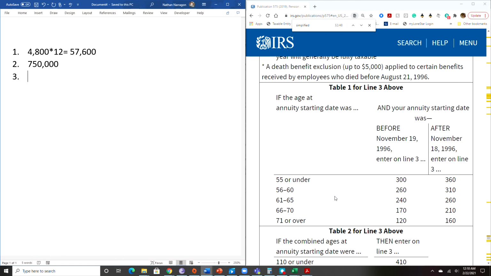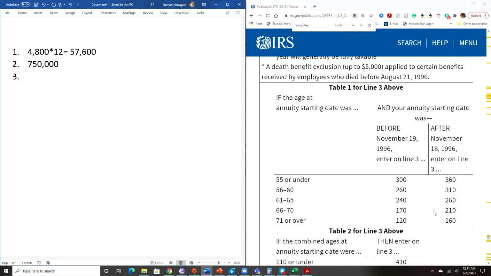So we're going to give this guy, say he's classic retirement, 66 to 70, and we're going to say it started after.